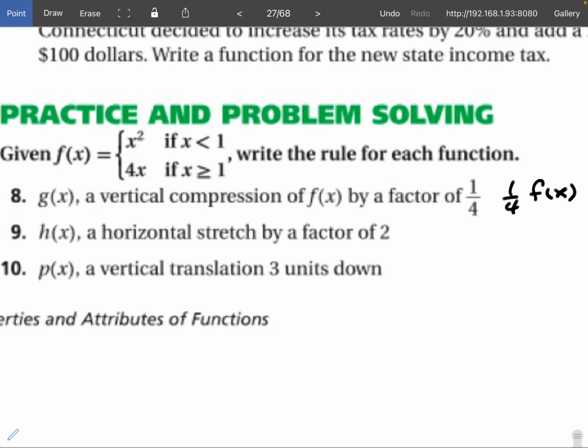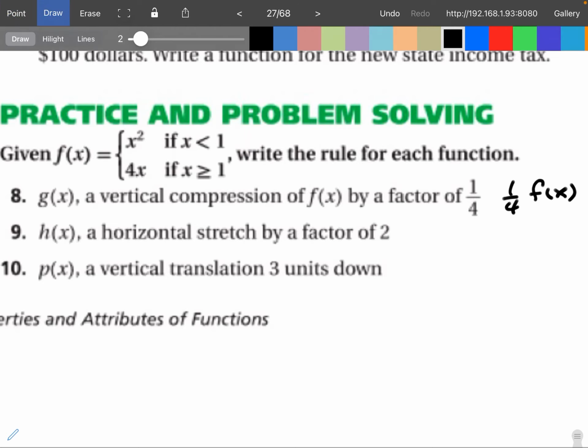And then number 9, we need h of x to be a horizontal stretch by a factor of 2. If it's horizontal, again, it's going to be inside, multiplied times the x. But since it's a horizontal stretch or compression, you got to take the reciprocal of that number.